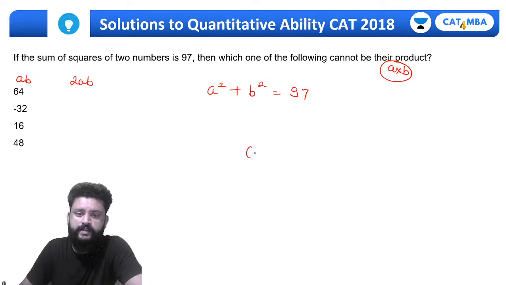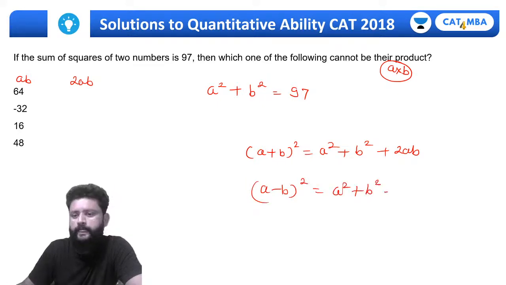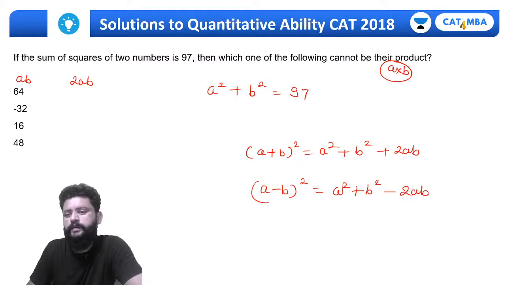मैं अभी क्या use करने वाला हूँ guys? (a plus b) whole square is a square plus b square plus 2ab, and we know (a minus b) whole square is also a square plus b square minus 2ab. अब यहाँ पे एक चीज समझो, ये perfect square number है.